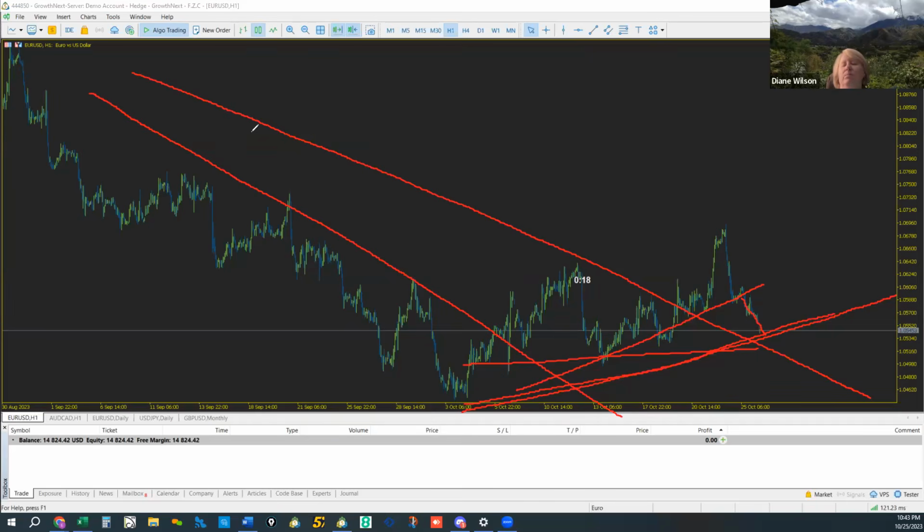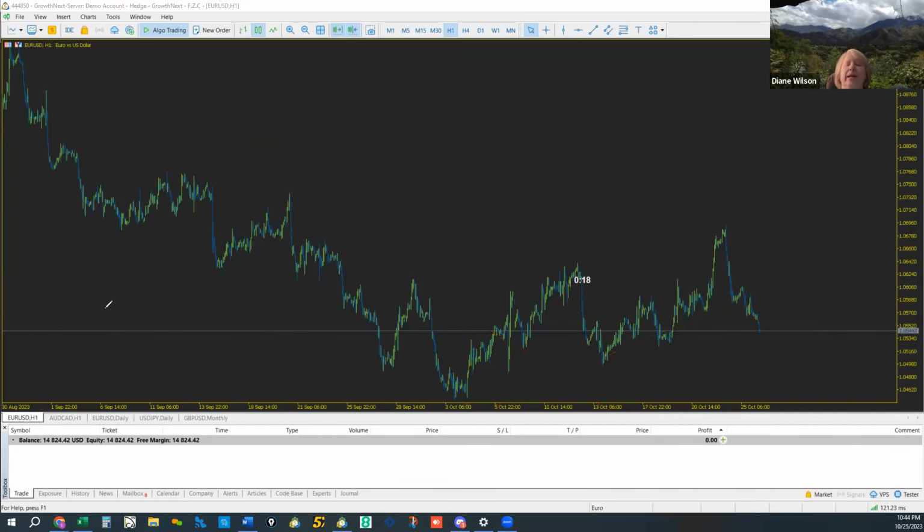Yeah, this is incredibly helpful. And honestly, I would have been in buys an hour ago, but the volume, when I last checked it, was so non-existent. I thought, well, I don't want to get into trades when there's no volume.